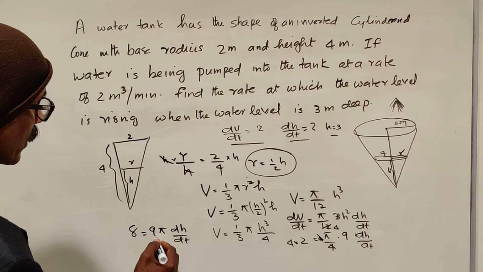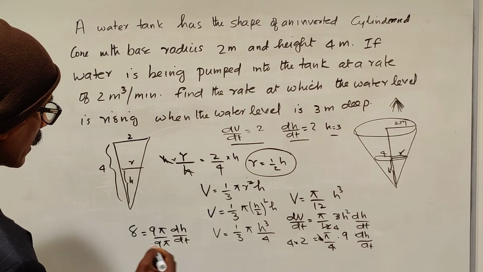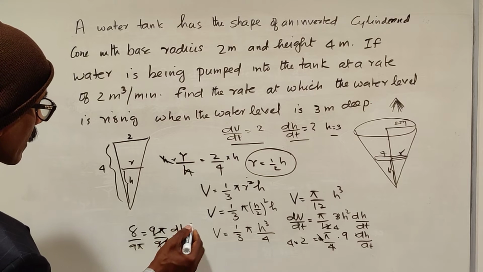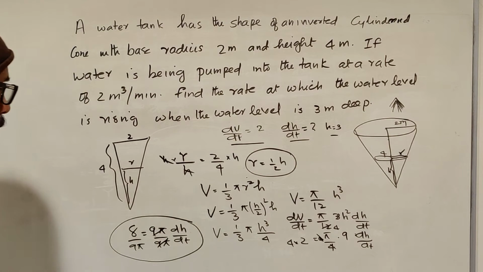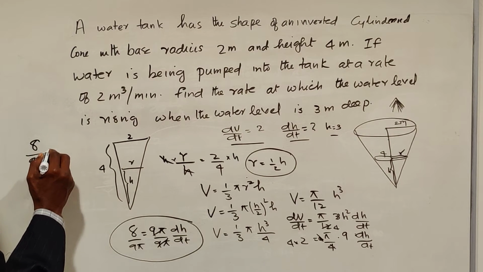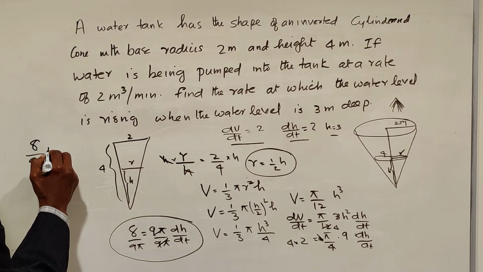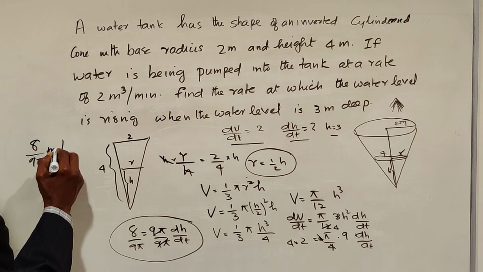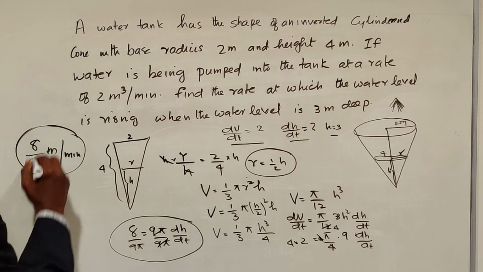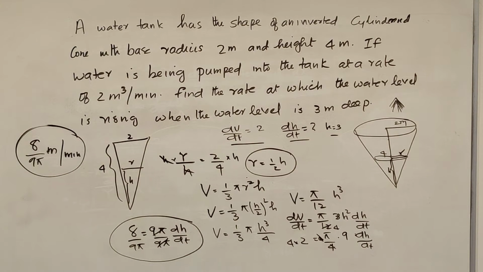Dividing by 9 pi, 9 pi cancels. dh by dt is equal to 8 by 9 pi. What is the unit? Meter per minute. Okay, 8 by 9 pi meter per minute.